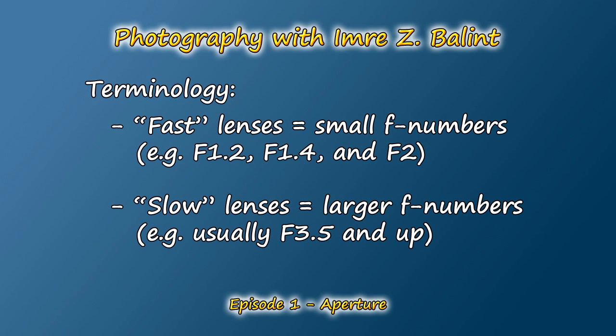And now for a little more terminology. You'll commonly hear fast and slow lenses used. Fast lenses basically refers to lenses that have fairly small f-numbers, in other words, they have large apertures, for example the f1.2, f1.4 lenses and such. Whereas slow lenses have smaller apertures, in other words, larger f-numbers, for example f3.5 and up.